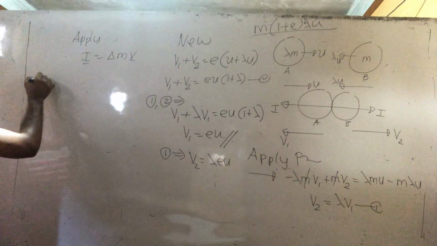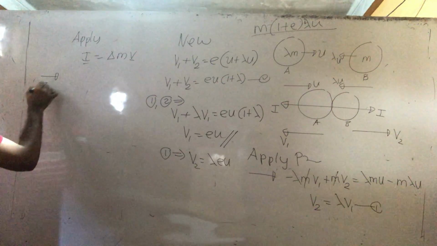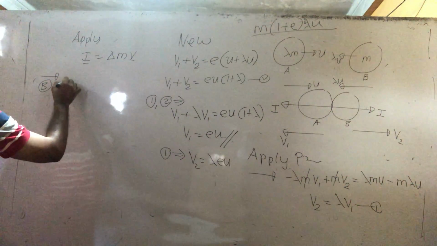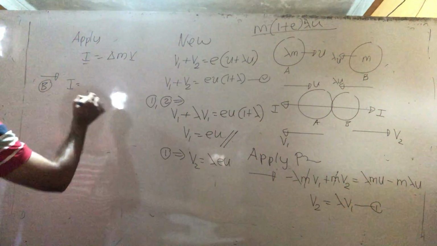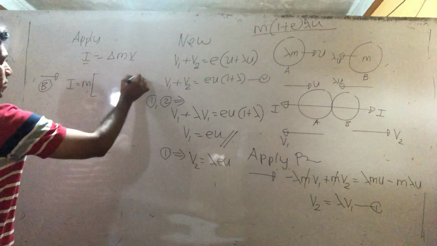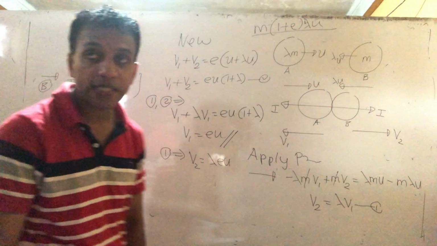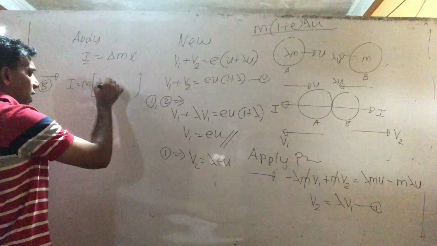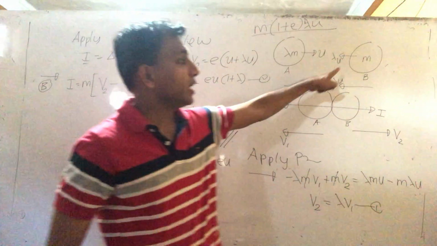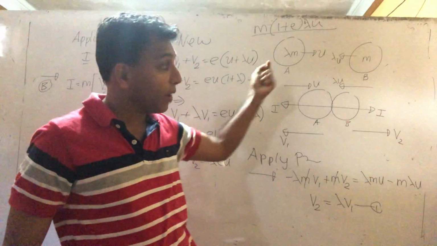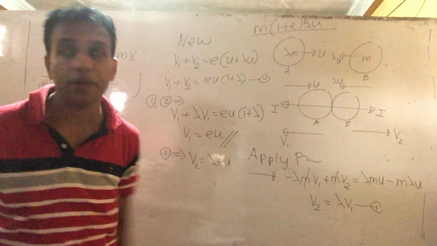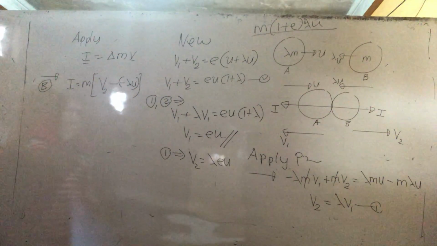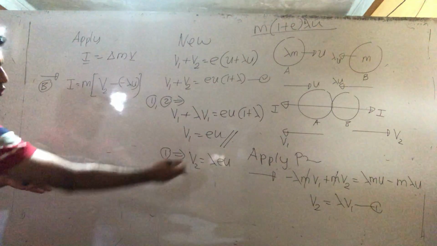So I apply it for particle B. I is positive in that direction. I equals the mass of the particle, small m, times delta v, the velocity change, final minus initial. Final V2 minus initial lambda u; this side, but I am applying that side, therefore minus lambda u. If V2 is correct, you can get the answer. If V2 is wrong, you can't apply this.